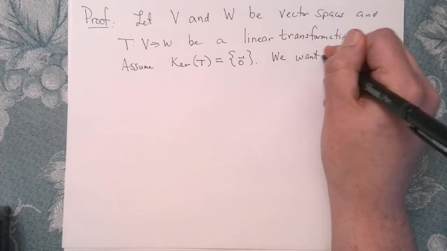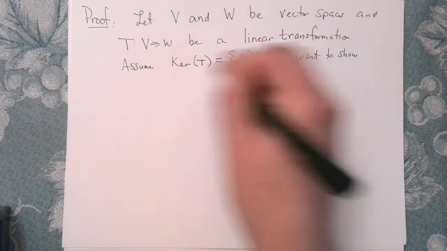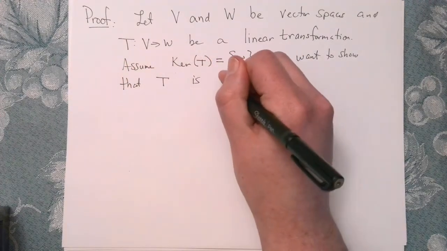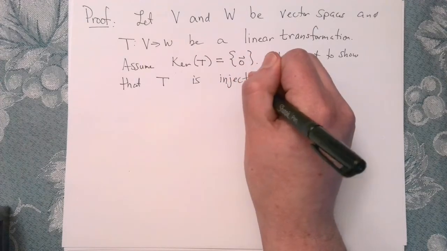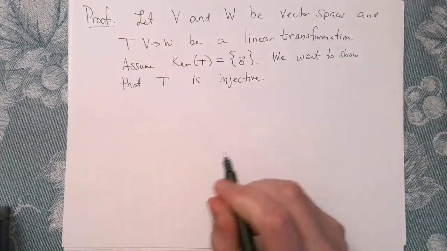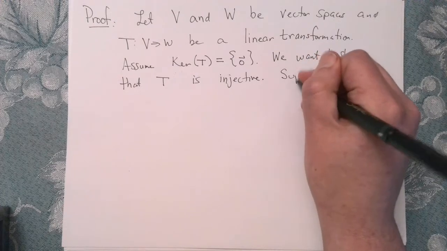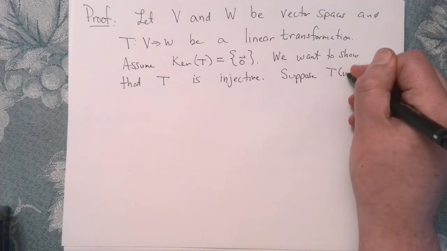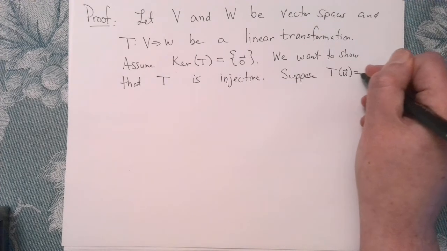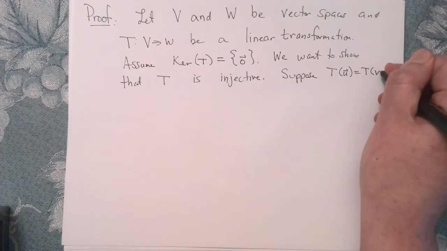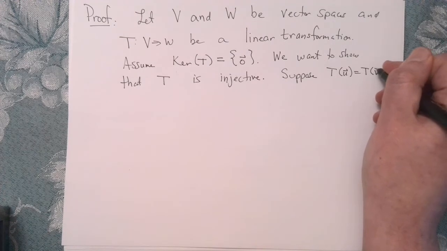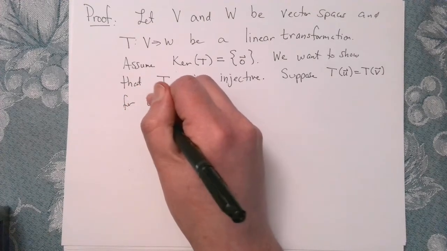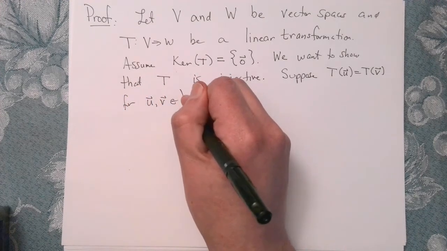Okay, so we want to show that T is injective, or one-to-one. All right, so let's suppose that T of u is equal to T of v. Our goal is to show that u equals v. And that's for u and v in V.